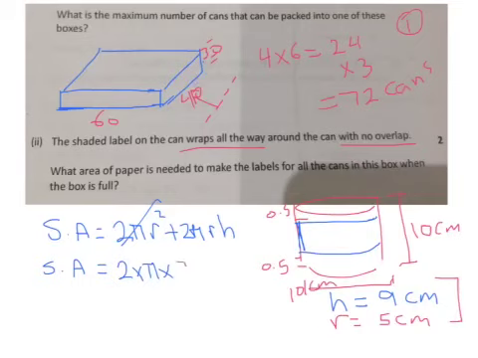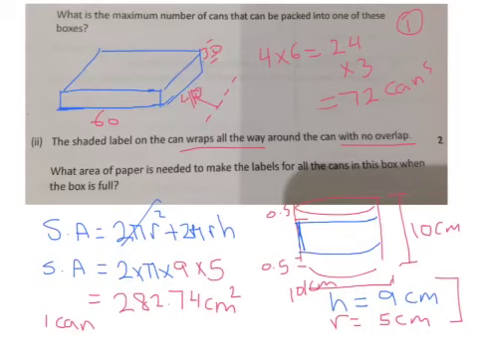So we have 2 times pi times 5 times 9. Using the calculator, that will give you 282.74, and the unit is centimeters squared because we're calculating surface area. And this is a label for 1 can.